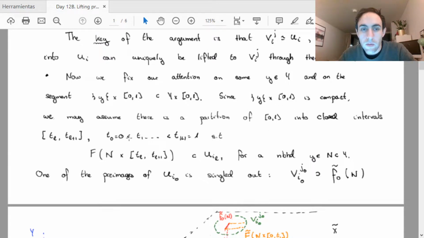I can find finitely many times partitioning my [0,1] interval and a neighborhood of y that I call N, maybe really small, such that F evaluated on N times the little intervals is contained in one of the elements of the cover that I denote by U_iL.